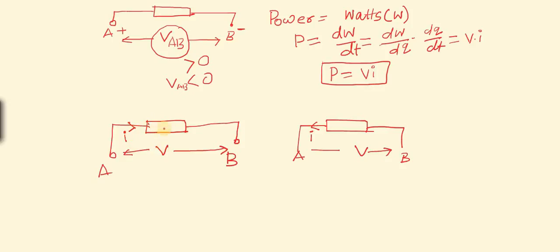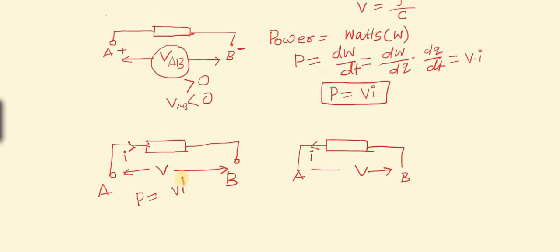So this element is absorbing the power, voltage and current multiplied, P is equal to V into I, and this is positive power.